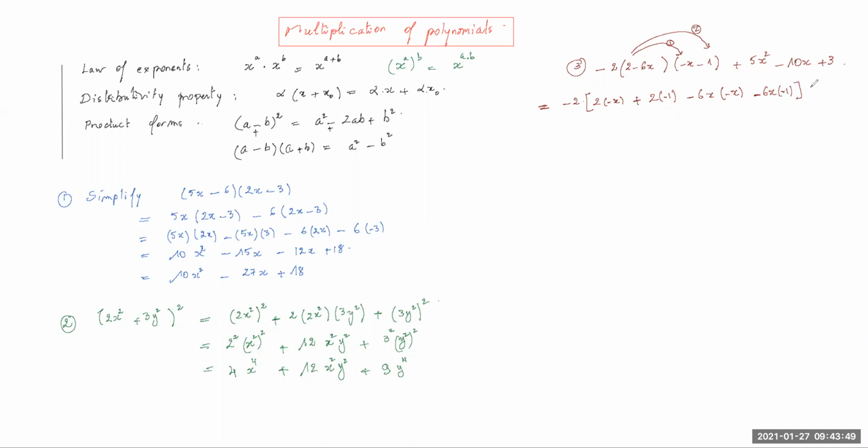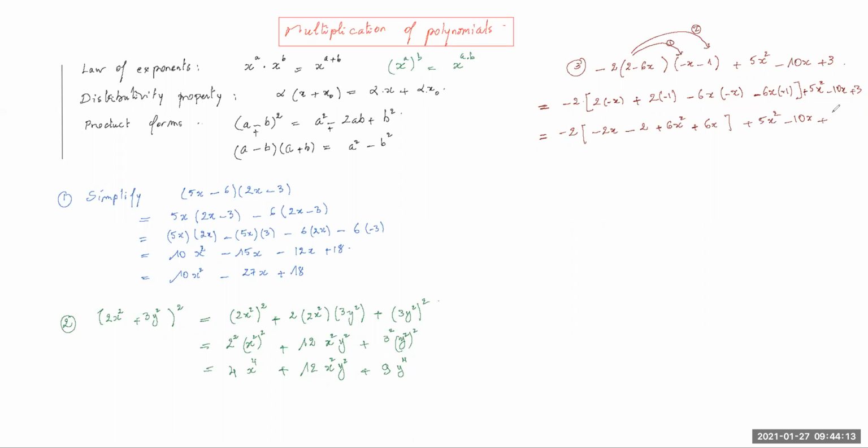And you add the other polynomial, 5x squared minus 10x plus 3. Let's continue here. You have then minus 2x, minus 2, plus 6x squared, plus 6x, and 5x squared.